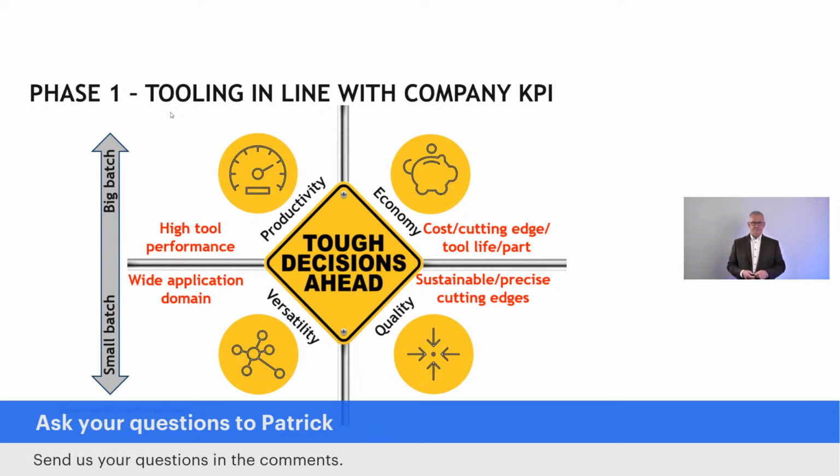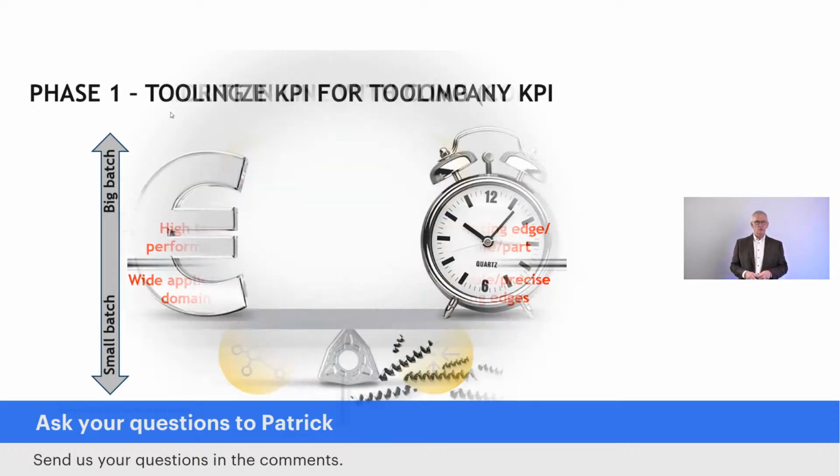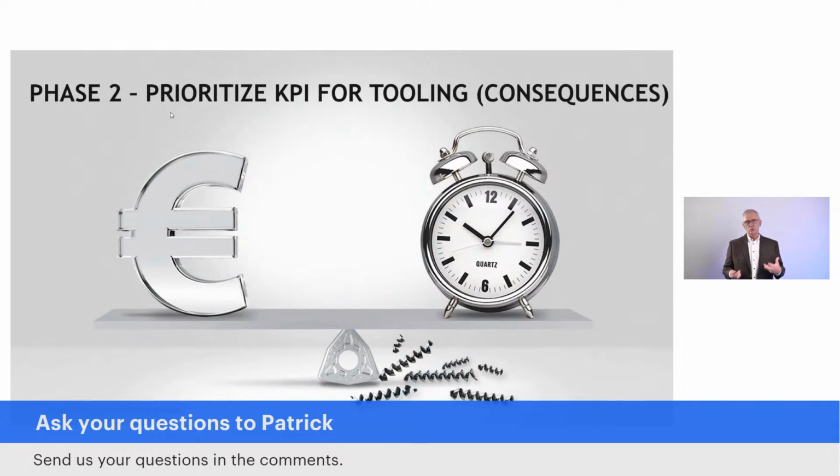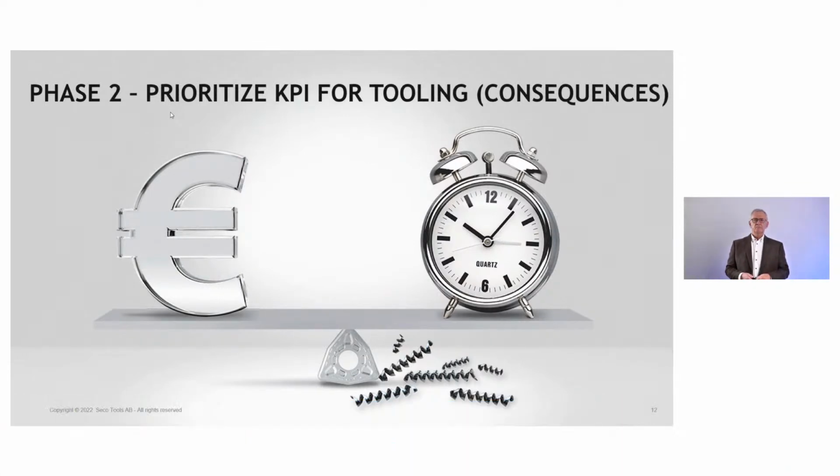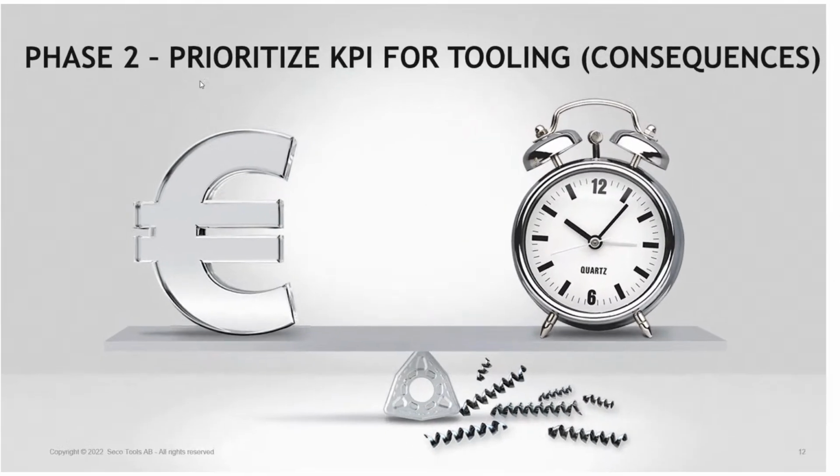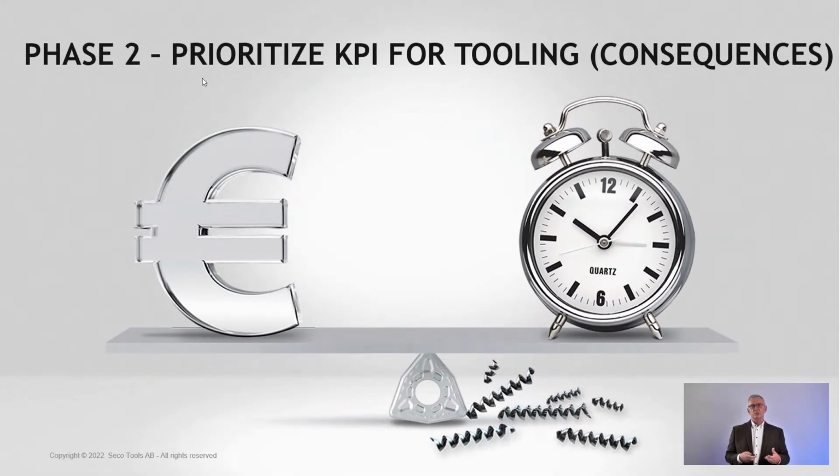Step 1, phase 1. What do I aim for on kind of management level when I do my basic tool selection? Phase 2, and this is the difficult one, prioritize. And this prioritization means choosing.